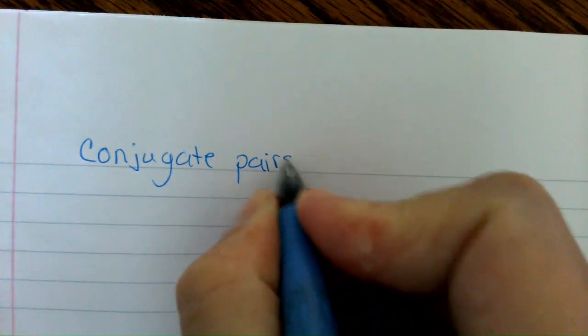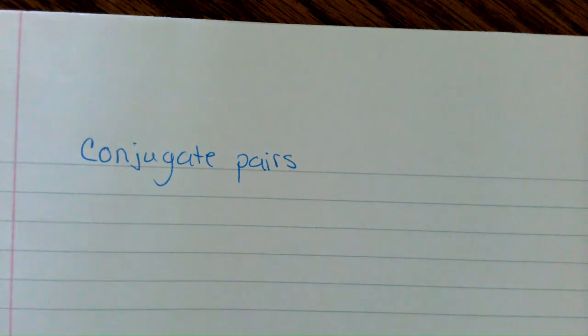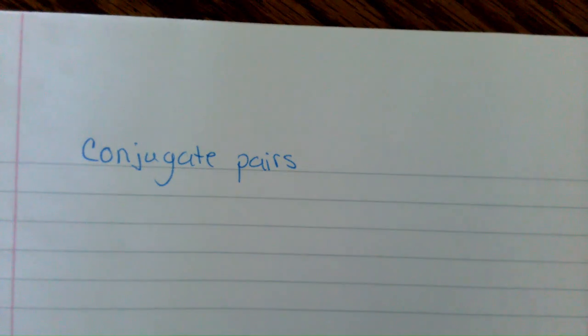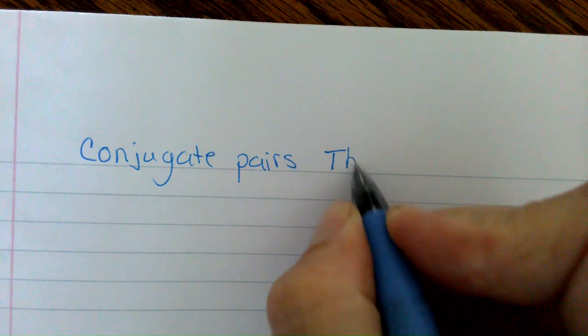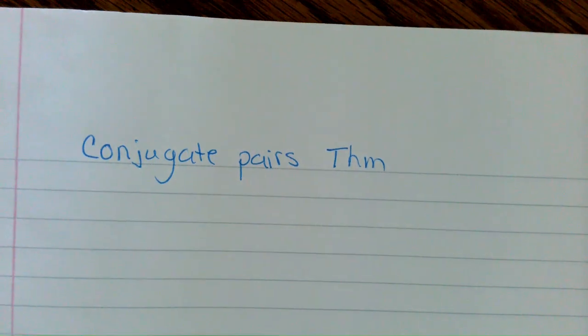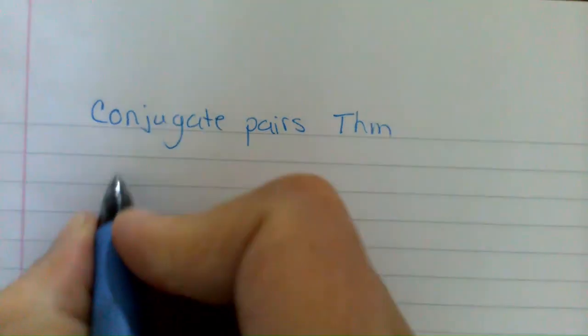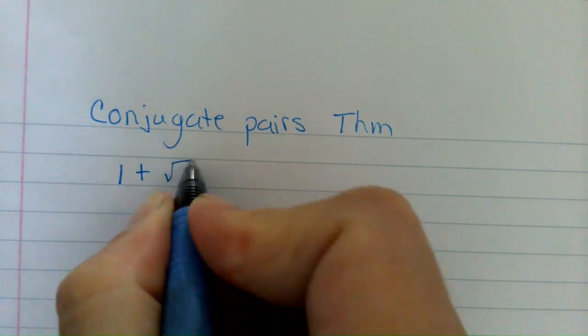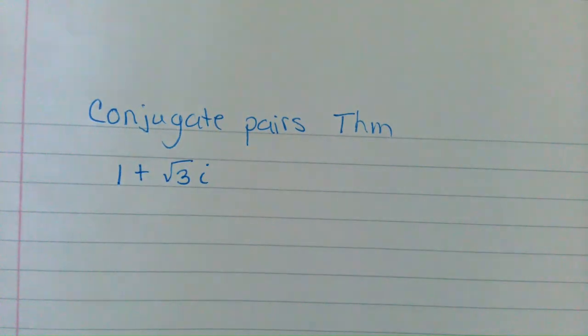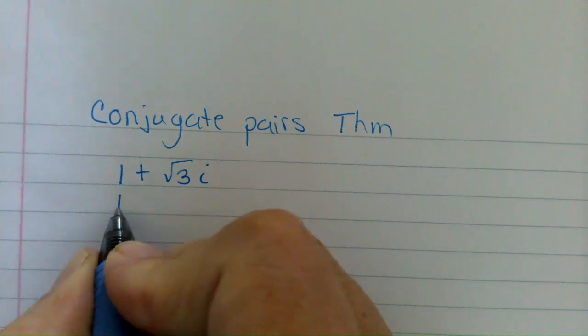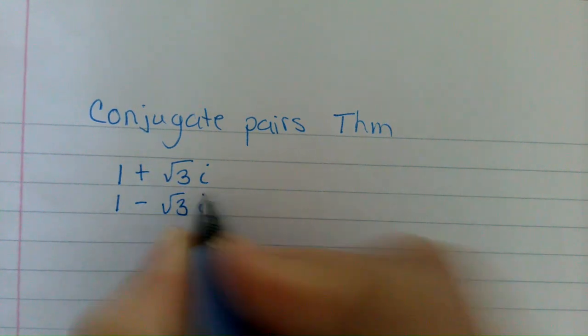As you heard me allude to earlier, there is a conjugate pairs theorem. And anytime you have a polynomial with integer coefficients, your roots are going to have conjugate pairs. You're not going to have one without the other. So for example, if you have 1 plus the square root of 3i, you'll also have x equals 1 minus the square root of 3i.